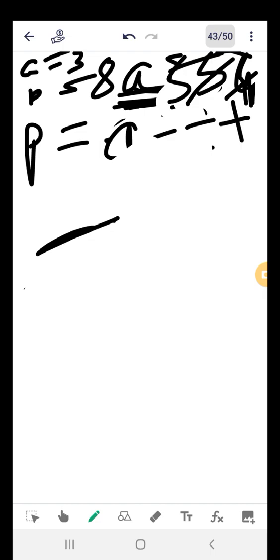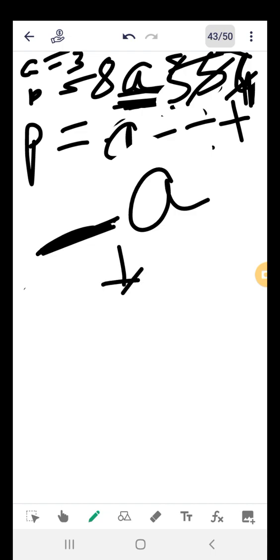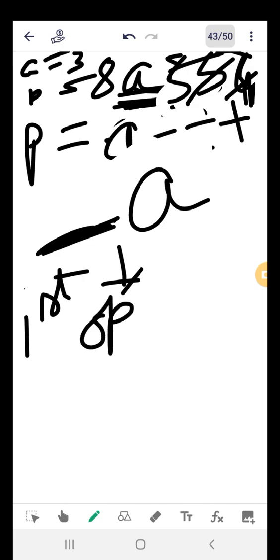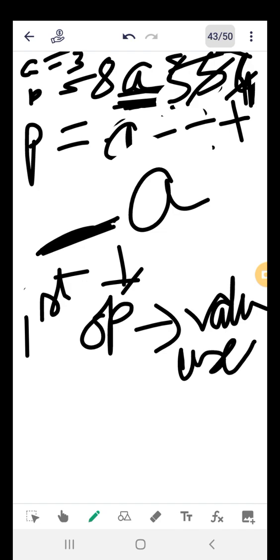If the operator is plus plus or minus minus and then the variable is there, first the operation will be done, meaning either plus plus or minus minus. If it is plus plus, then one will be added. If it is minus minus, then one will be subtracted. First the operation will be done, then the value is used.